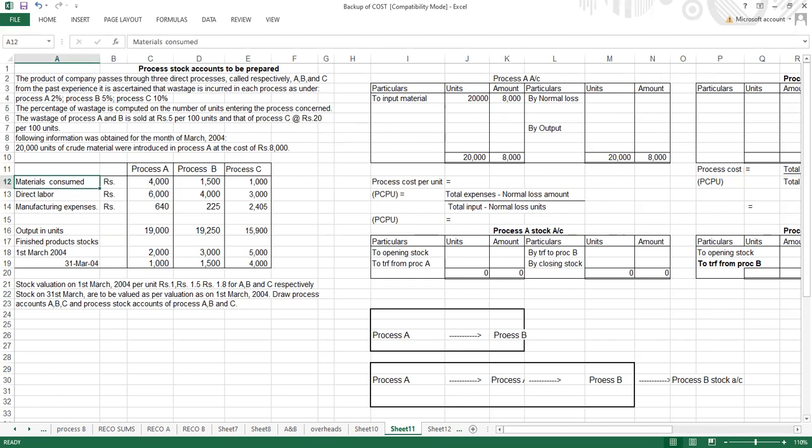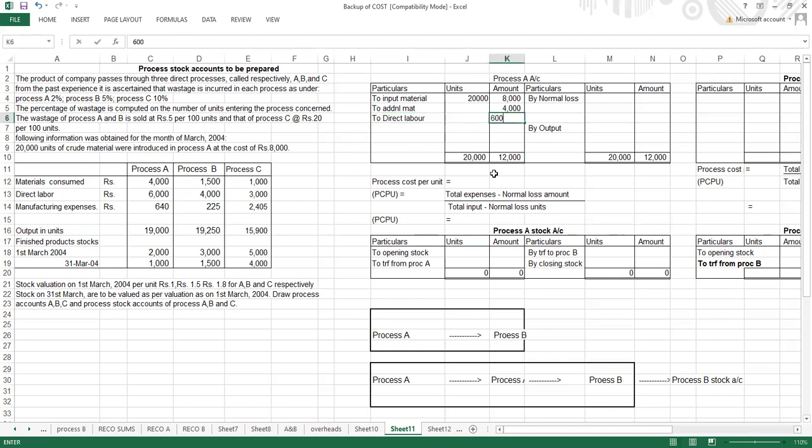Material consumed. This must be additional material. $4,000, I'll write in the amount column. Then direct labor is given, $6,000.